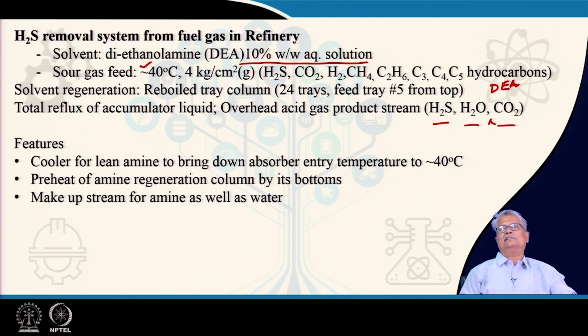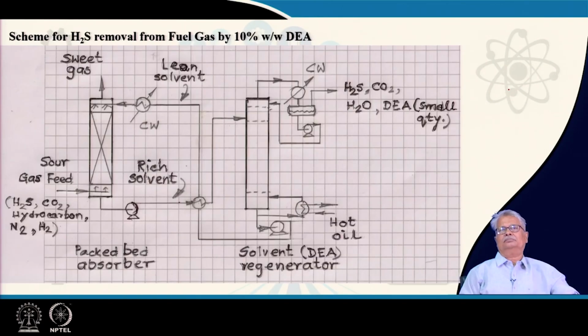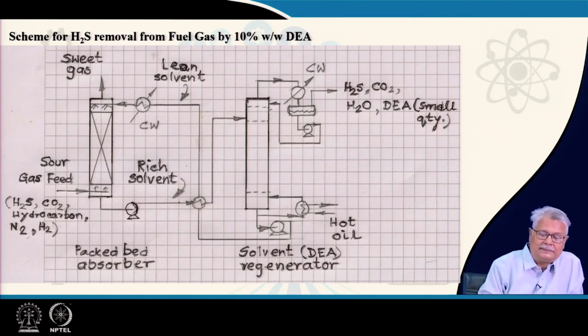Now, let us look at a practical implementation of this arrangement. This is the scheme. What you have here is a sour gas feed. It is sour because of the presence of H2S, and it contains carbon dioxide, hydrocarbon, and a small quantity of nitrogen and hydrogen as well.